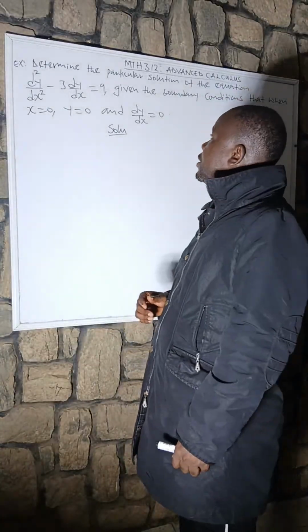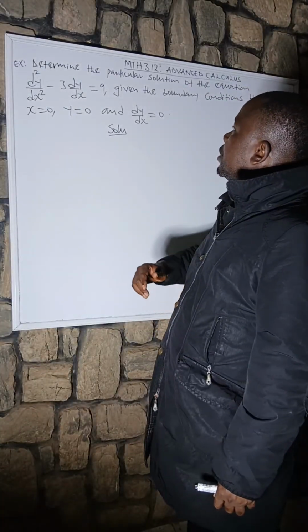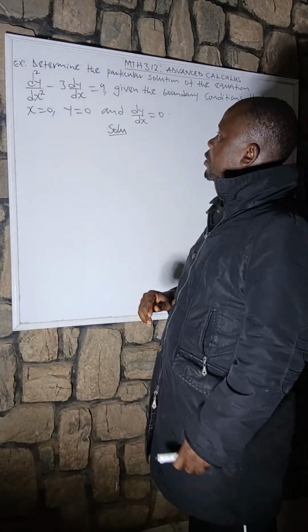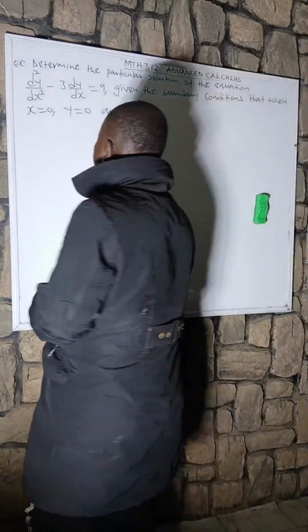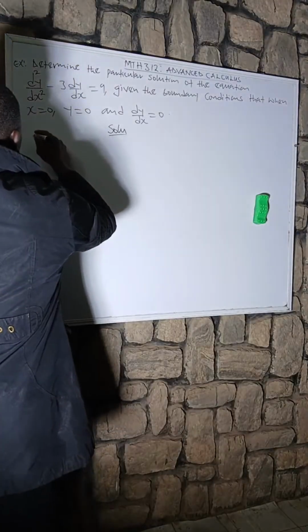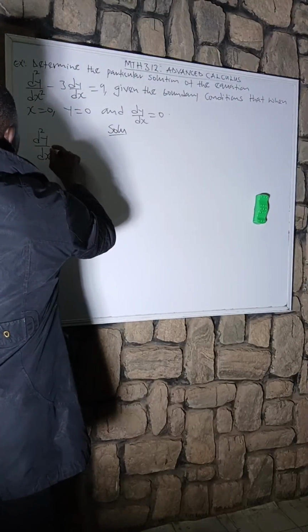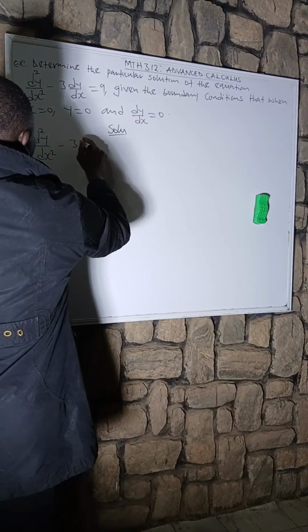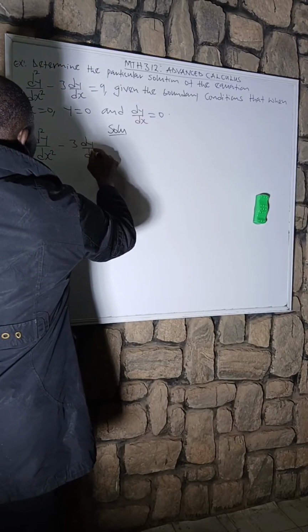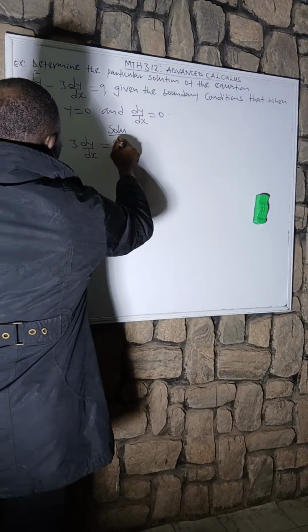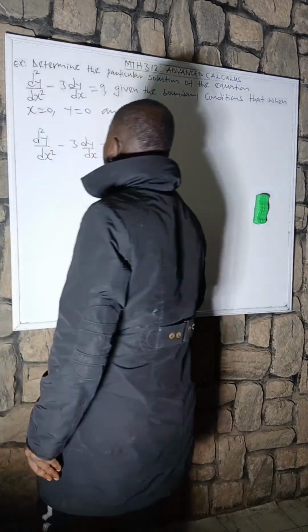This is the equation: d squared y over dx squared minus 3 dy over dx equals 9.